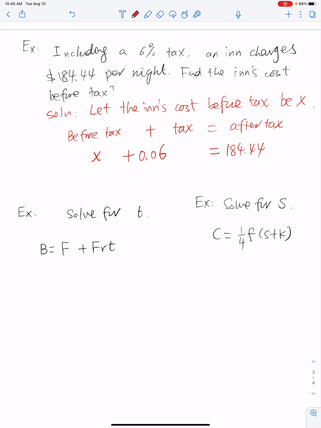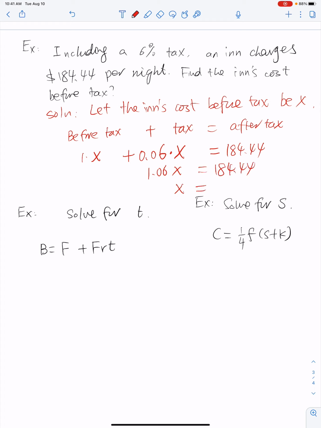No, so the tax depends on the price. It's 0.06 times x. The 6% tax is of the original price. That's very important. So here it's 1.06x equal to 184.44.